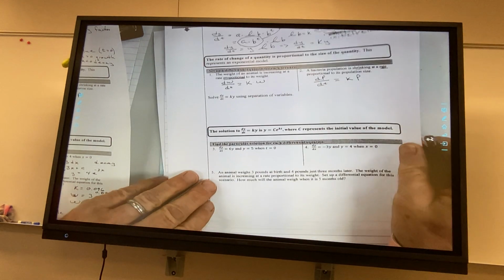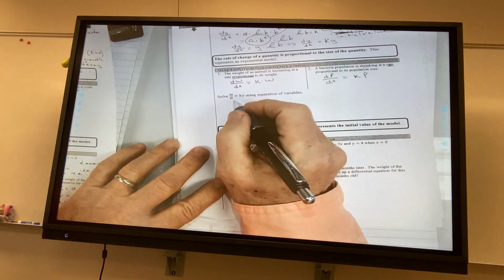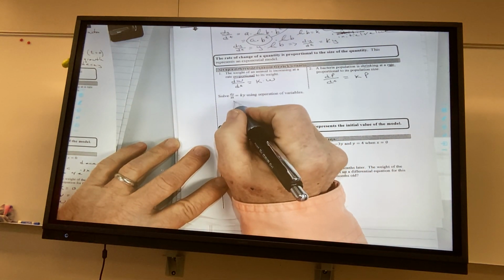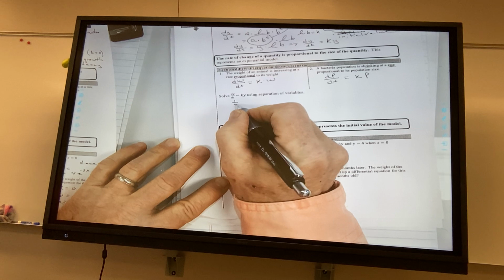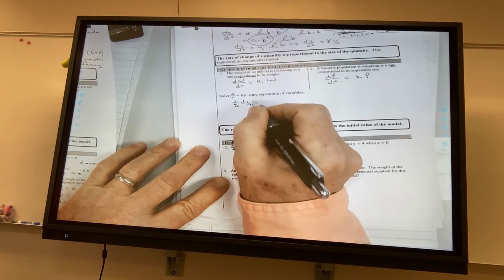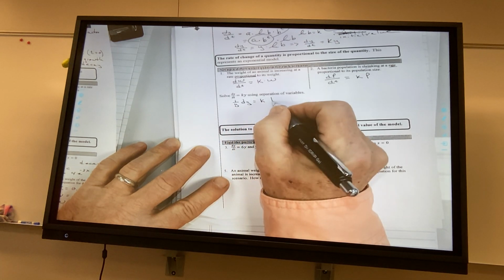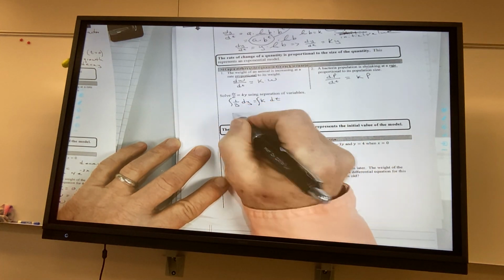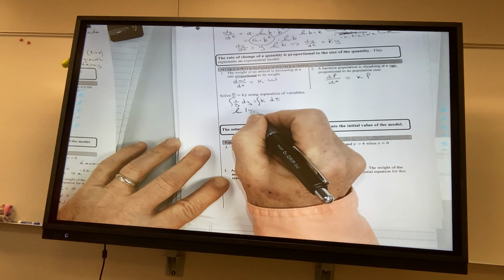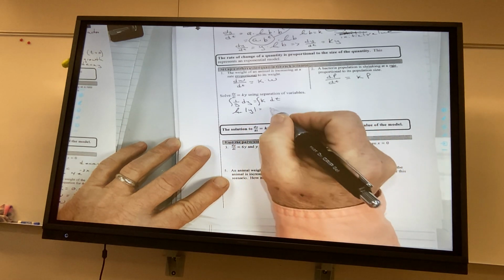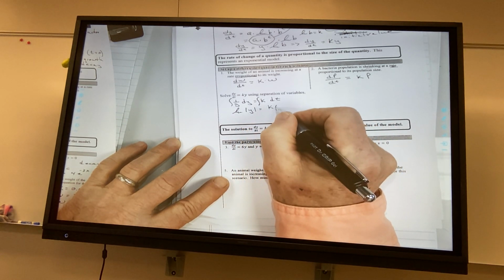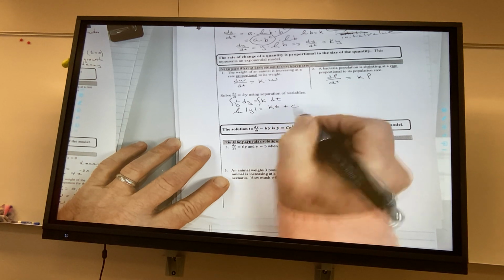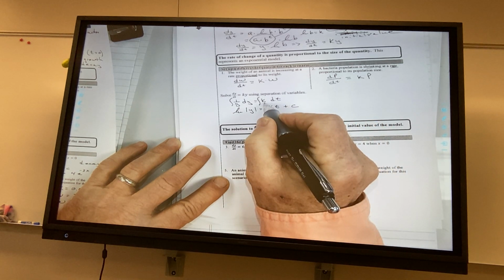I'm going to solve this using separation of variables. This is kind of what we just did a little while ago. I'm going to have 1 over y dy is equal to k dt. I'm going to integrate both sides. I'm going to get the natural log of the absolute value of y. Over here I'm going to have kt plus c. Remember, k is a constant.